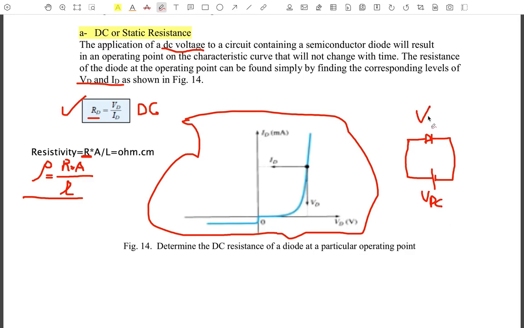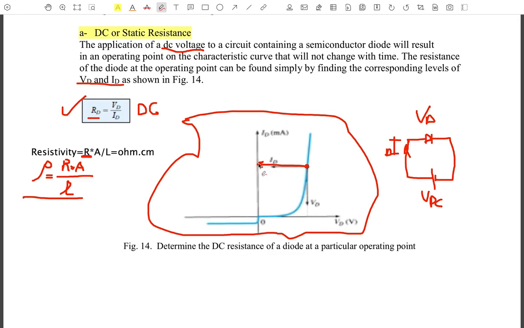We get V diode and I diode for a specific point on the curve. We take a vertical straight line to the current axis.